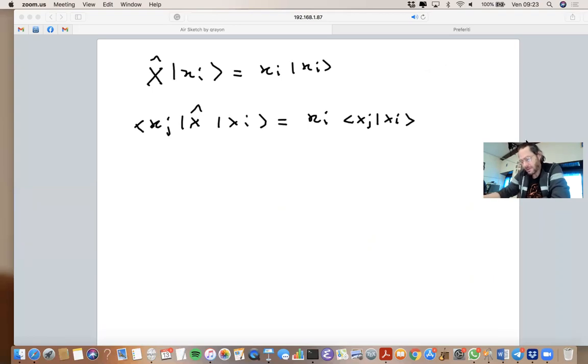Now, if these are points in a discrete lattice or in a crystal, which basically is a physical discrete lattice, that's clearly delta_ji. So clearly, the position operator is diagonal in position space. And that's why when we were writing, oh, and any function, and so I can define our new operator, U.